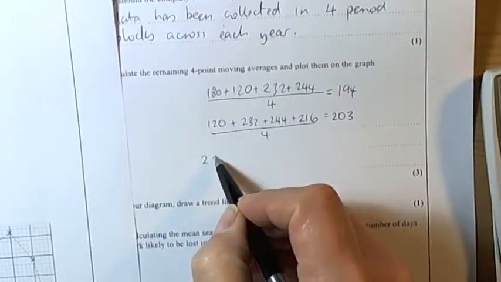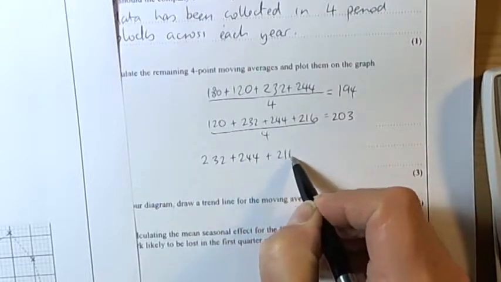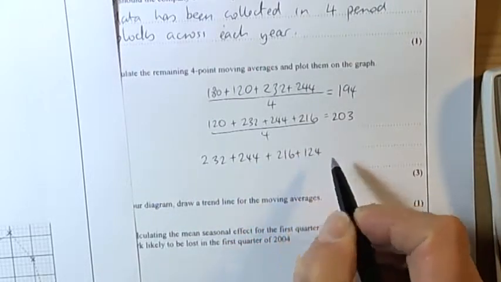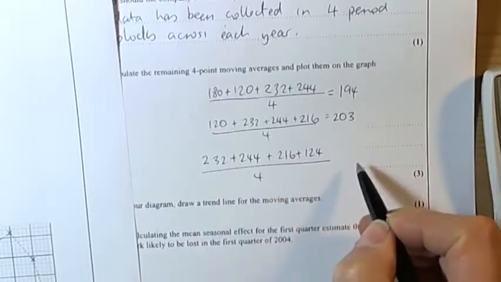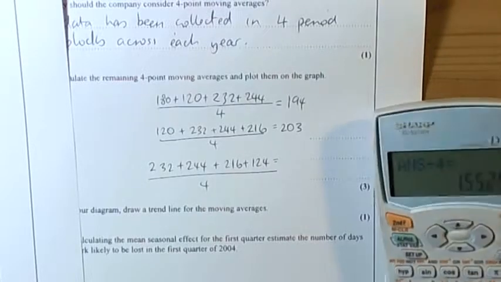So we've got 232 plus 244 plus 216 plus 124. Again, divide by 4.